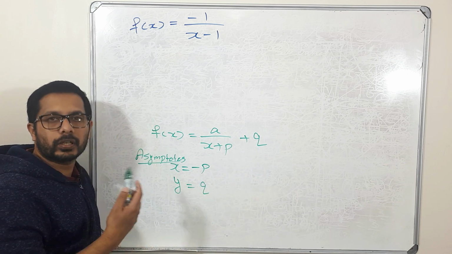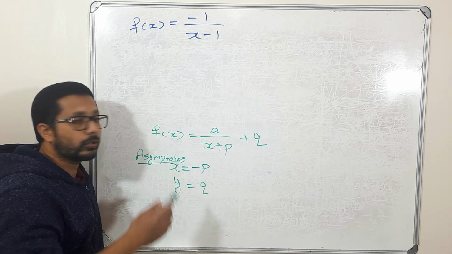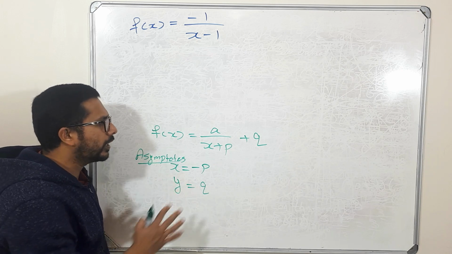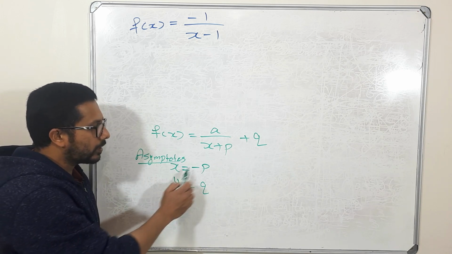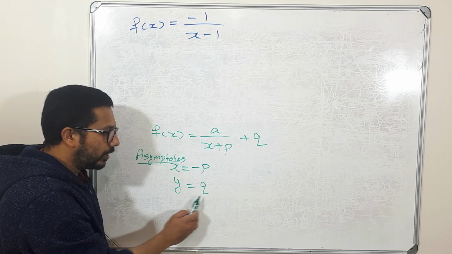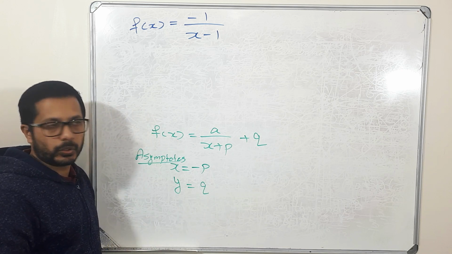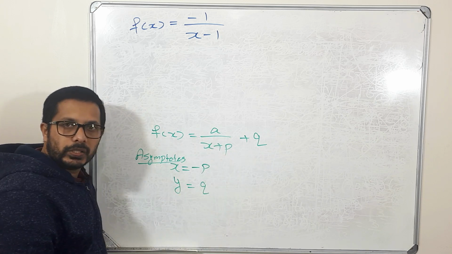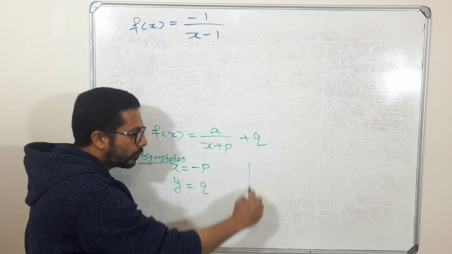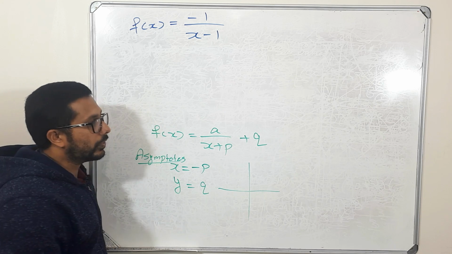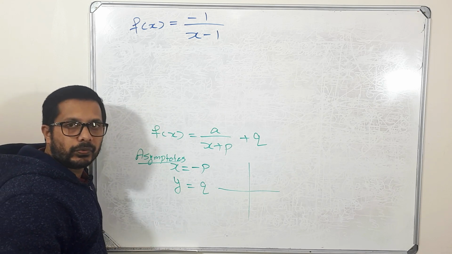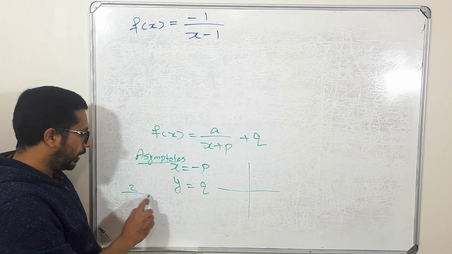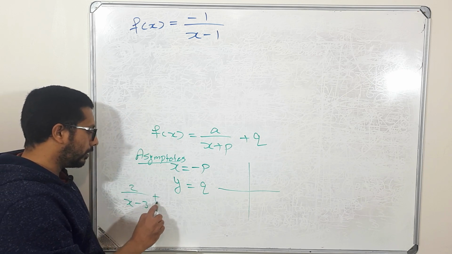There are a lot of theorems behind this one. You have to study that. I am explaining in a nutshell. So x is equal to minus b and y is equal to q are the asymptotes. Now if the value of a is positive, the graph is a decreasing graph. For example, 2 divided by x minus 3 plus 5.